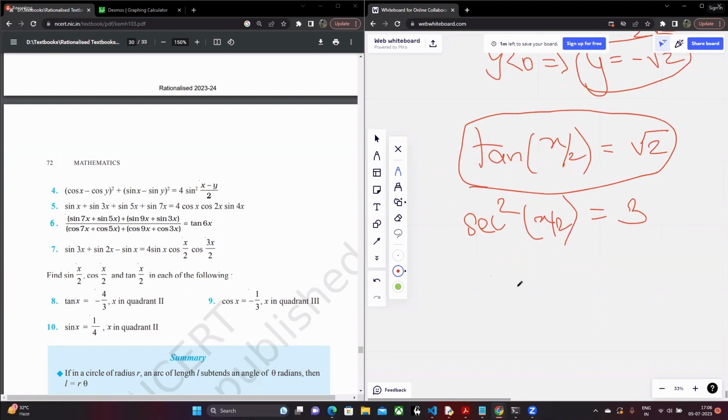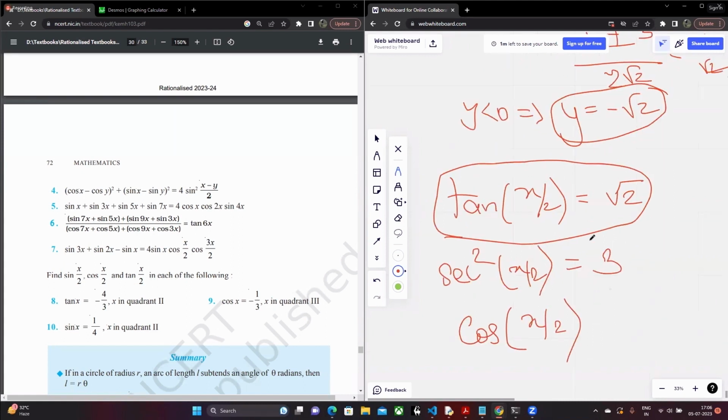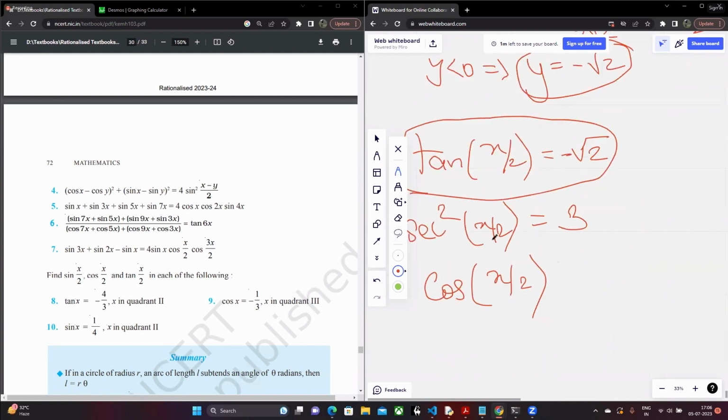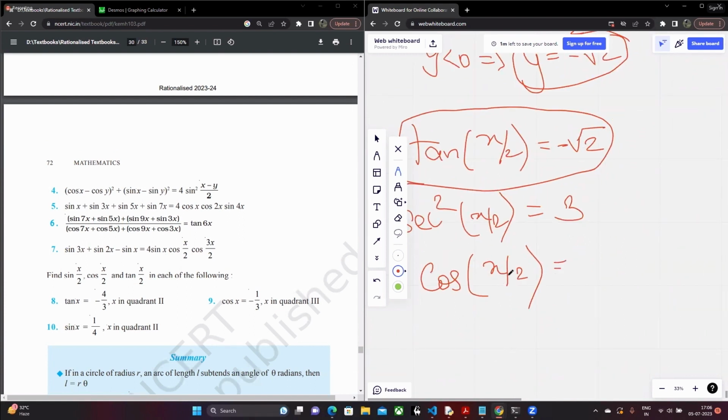So cos of x by 2, since x by 2 lies in the second quadrant, is negative. Cos of x by 2 is going to be minus 1 by root of secant squared x by 2. That is going to be minus 1 by square root 3.